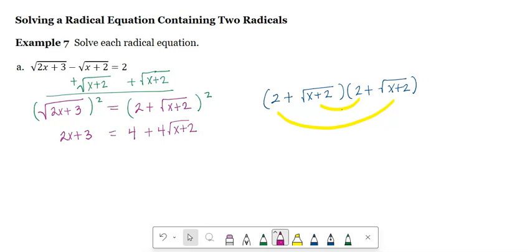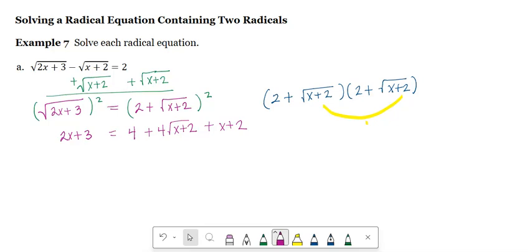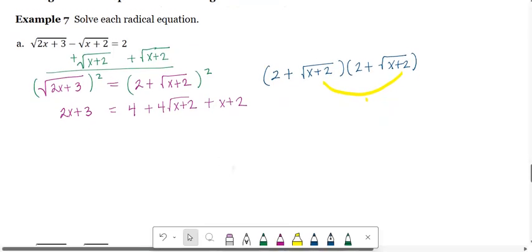And then we'll take our last terms, and that'll end up being the square root of x plus 2 times the square root of x plus 2. Those square roots will counteract each other, and we'll end up with just an x plus 2. All right, so I've got a lot going on.